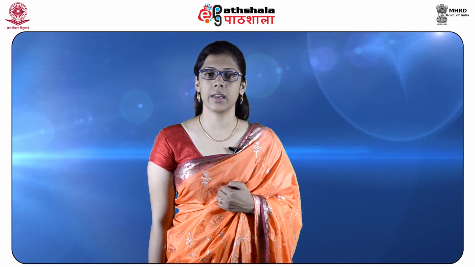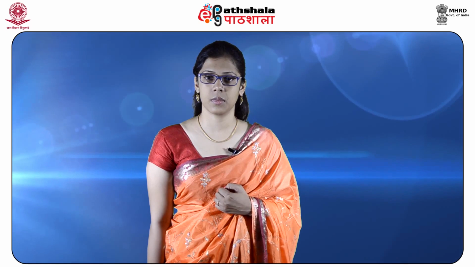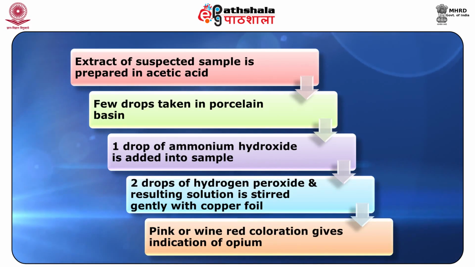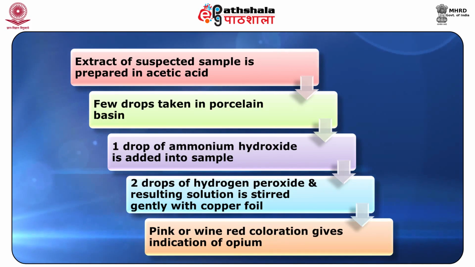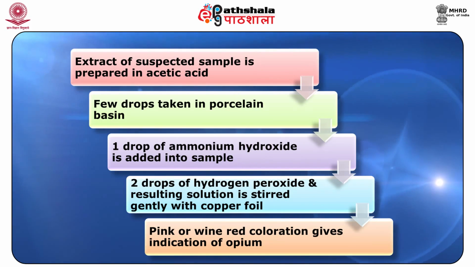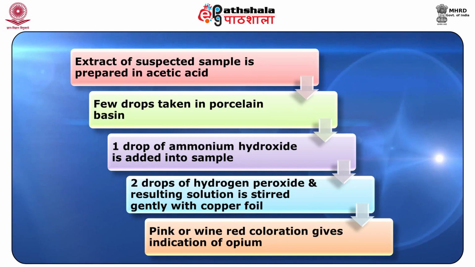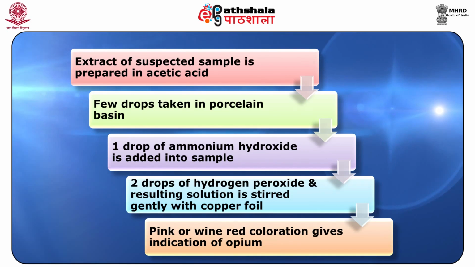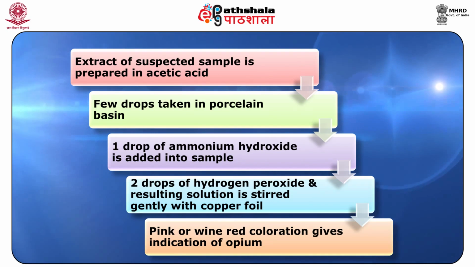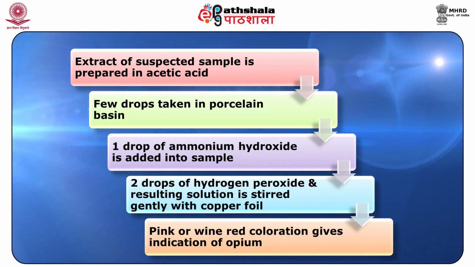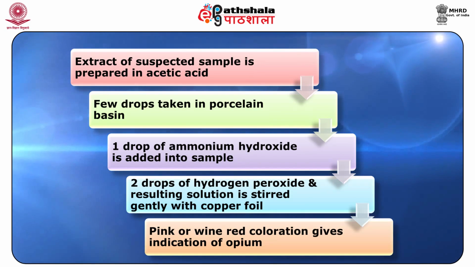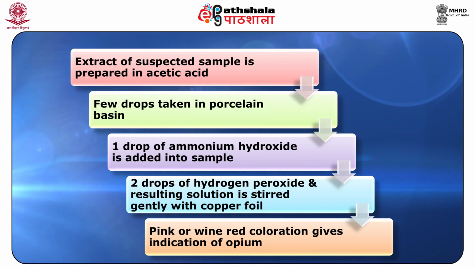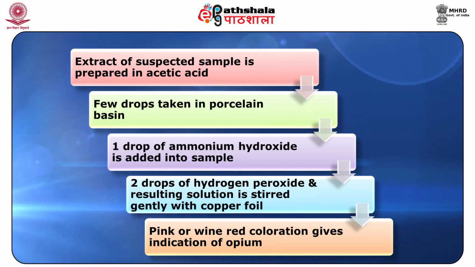Next is the Dannings-Oliver test. Let us see the procedure. Extract of the suspected sample is prepared in acetic acid and a few drops are taken in a porcelain basin. 1 drop of ammonium hydroxide is added into the sample, followed by 2 drops of hydrogen peroxide.